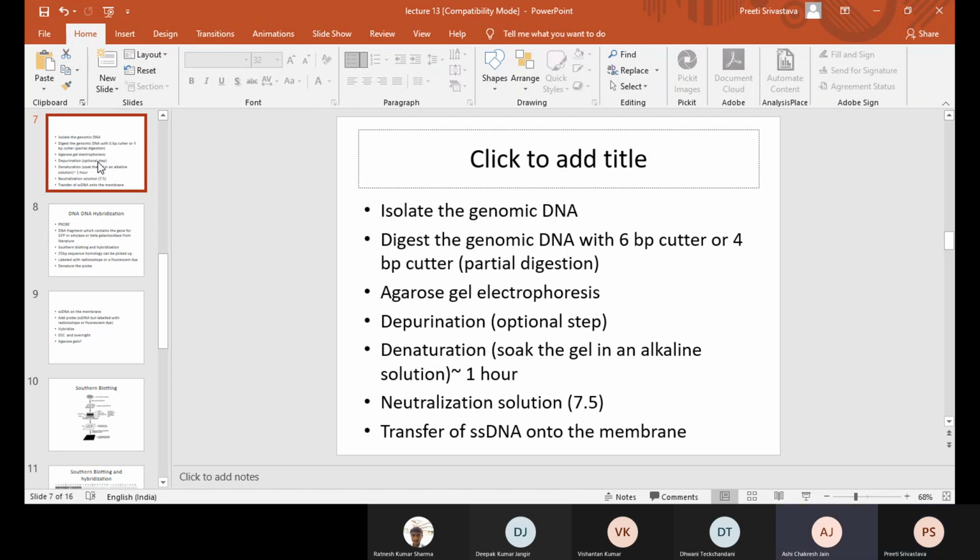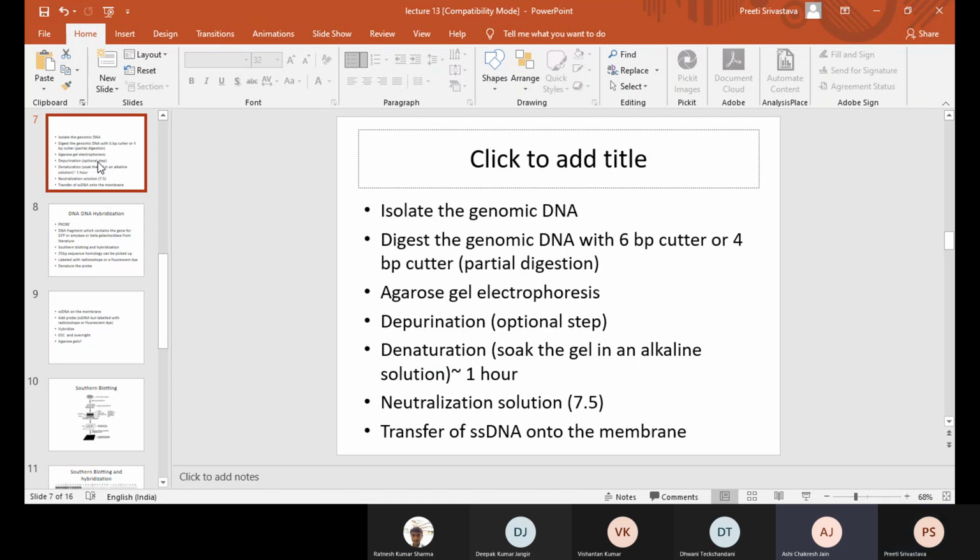So basically, firstly, we isolate the genomic DNA and then we digest it using 6 base pair or 4 base pair cutters. Here we ensure that it is partial digestion which is happening. Why partial digestion? When the enzyme isn't completely allowed to digest, complete digestion doesn't occur and we get all possible fragments of the DNA. And this will ensure what?